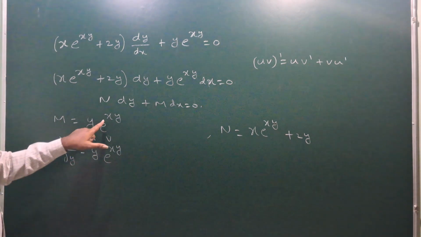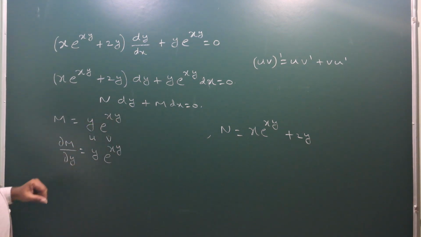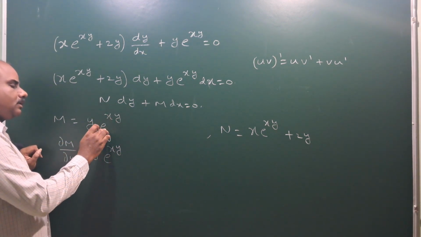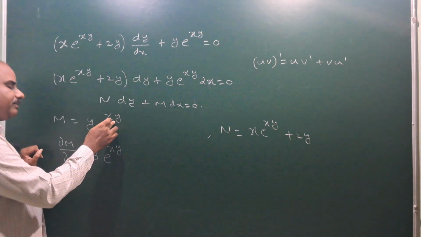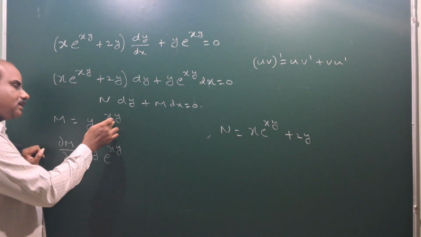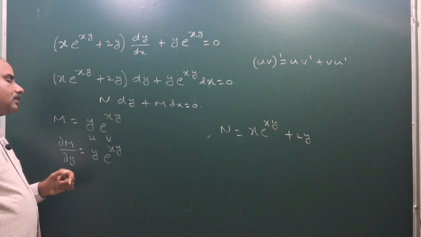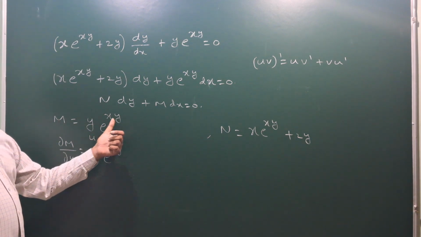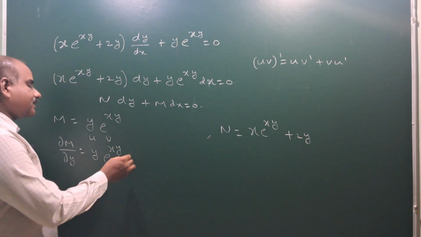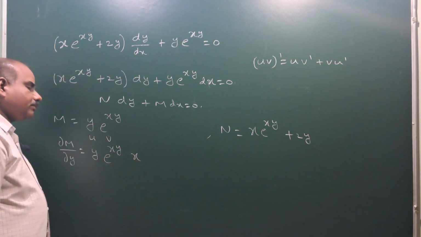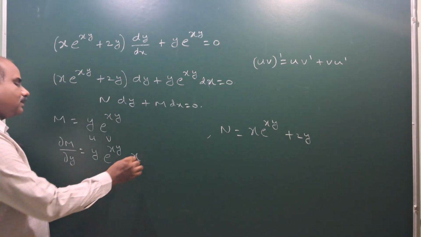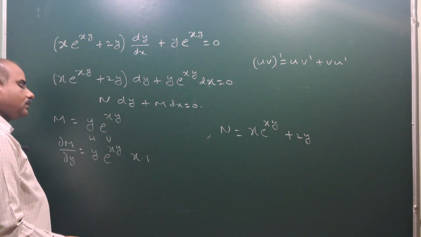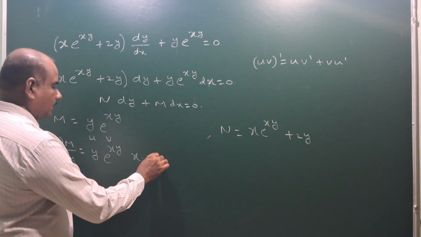But it is not y, it is xy, so we have to differentiate the power again. In xy, x is constant because we differentiate with respect to y, so the derivative of y with respect to y is 1.